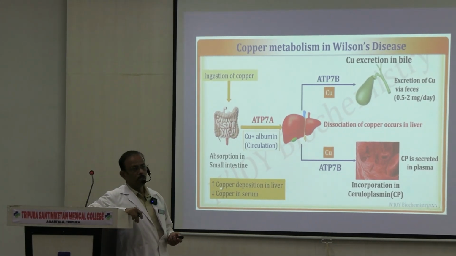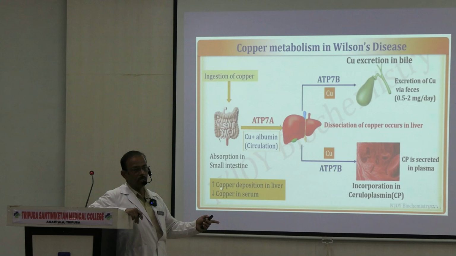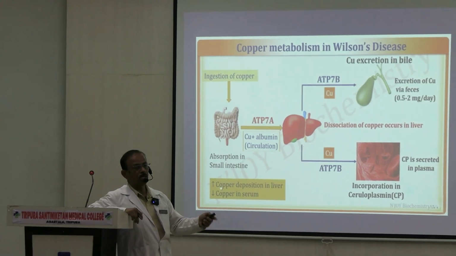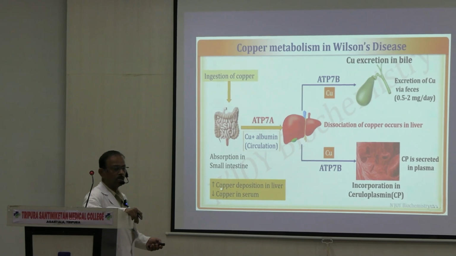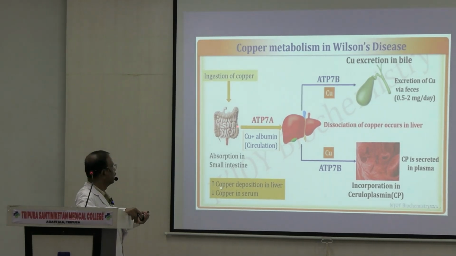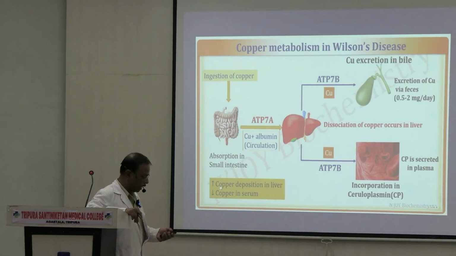There will be absorption of copper in the duodenal enterocyte, but it will not come out into the circulation for biological function because this copper-carrying protein is not normal.